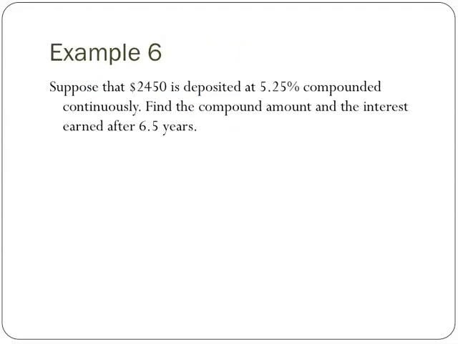Example 6, we have $2,450 deposited at 5.25% compounded continuously. Find the compound amount and the interest earned after 6.5 years. So we're starting off with $2,450, and our rate is 5.25%, so that's 0.0525. And T, the time in years, we're told is 6.5.